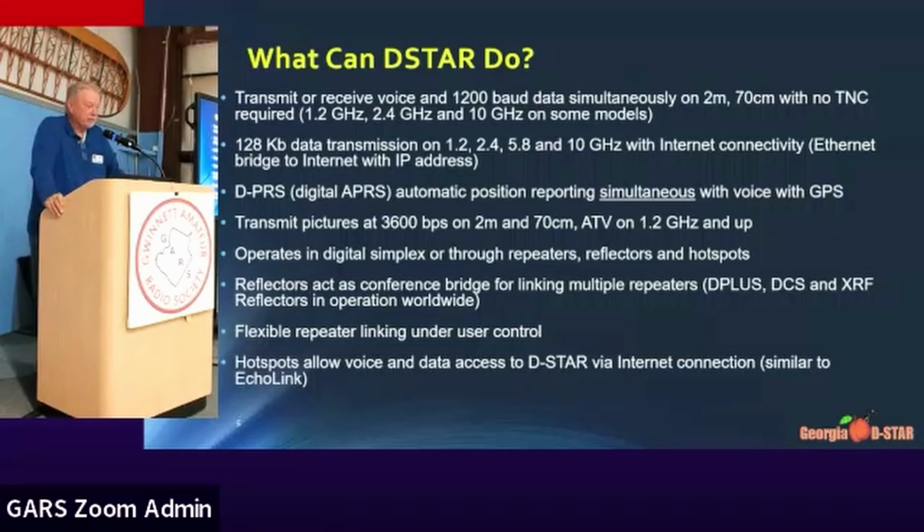You can transmit pictures, and that's one of the things that was done. I think Yaesu in their first radios could do pictures, but you had to use their camera connected to it. I don't think DMR does pictures per se, but you can do short messaging data with that.